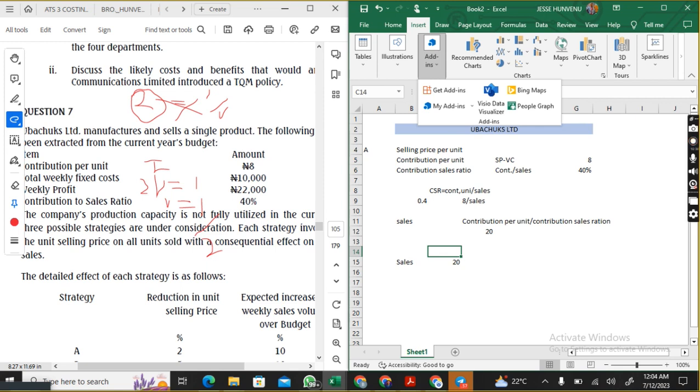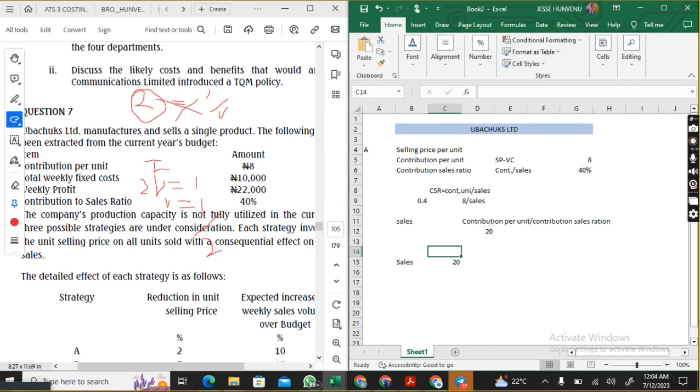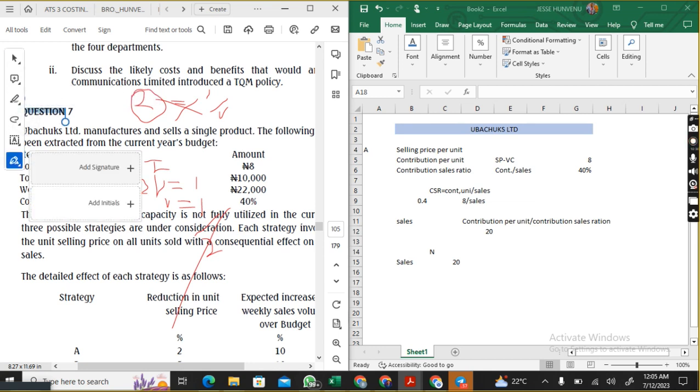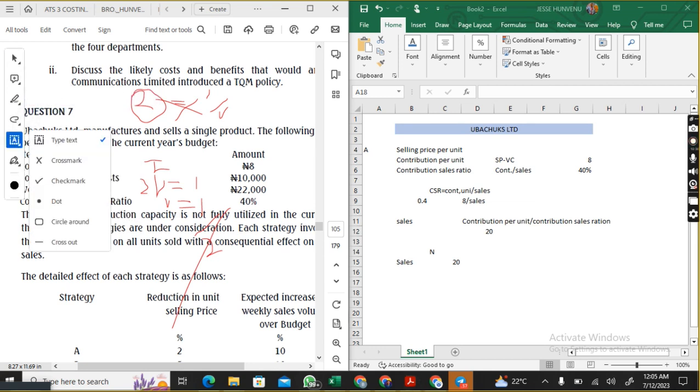So our S is now what? So we have 20 naira here. So this is our A. This is what we are told to do.